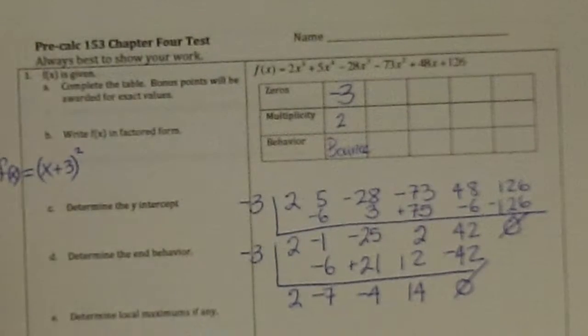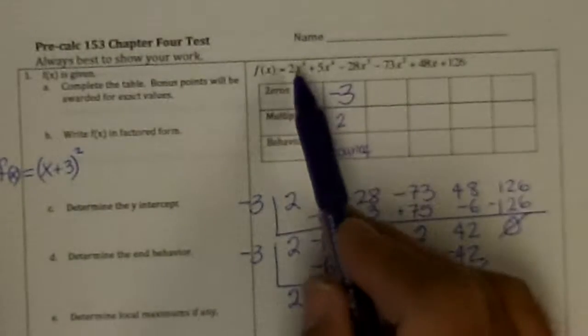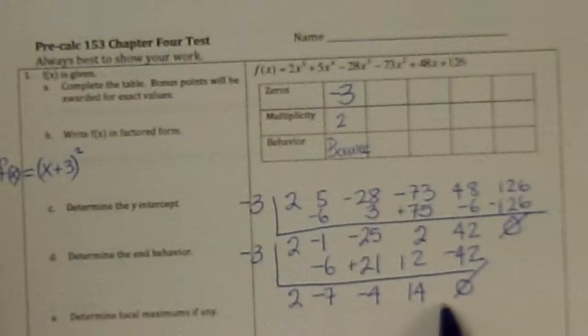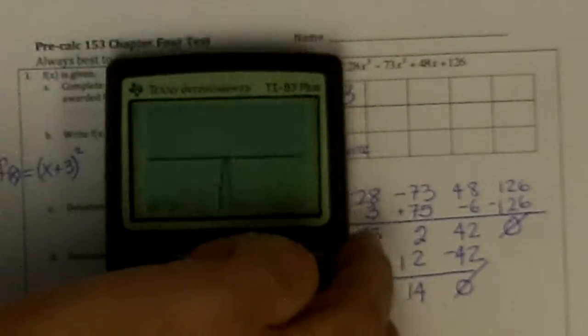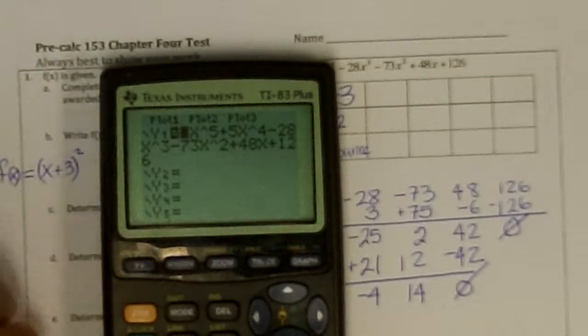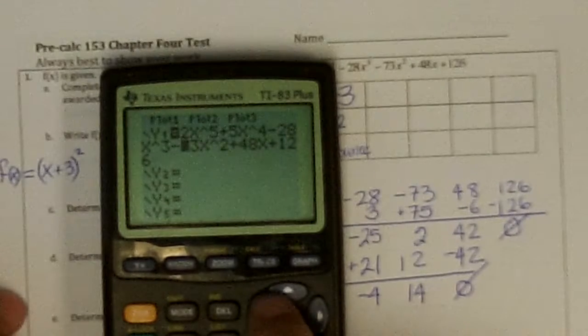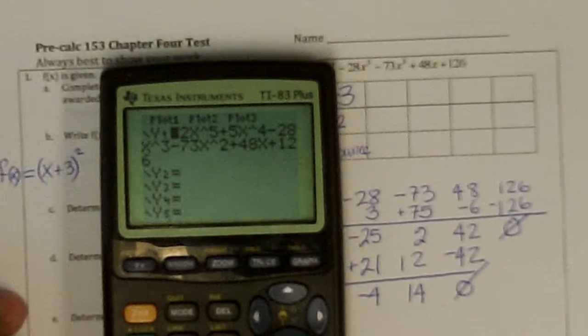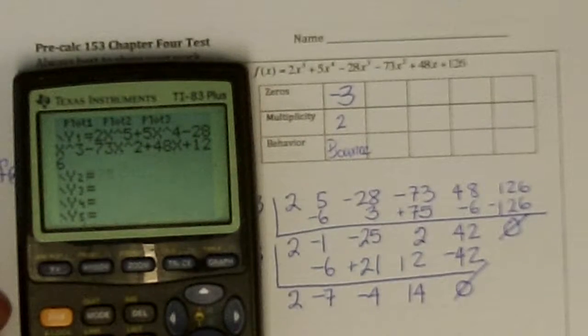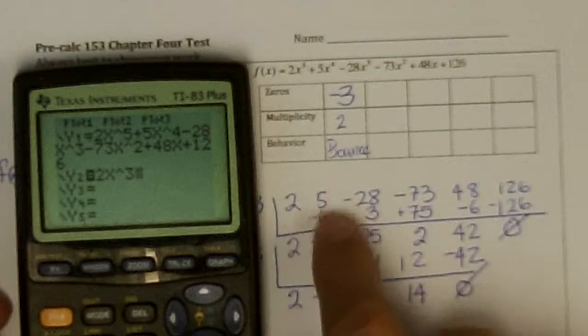Now I've simplified my problem a great deal. I went from a 5th degree equation to a 3rd degree equation. Now I could continue working with the same graph, or I could come down here and just turn that one off and work with what I've got left. 2x to the 3rd, because this is 5th degree.